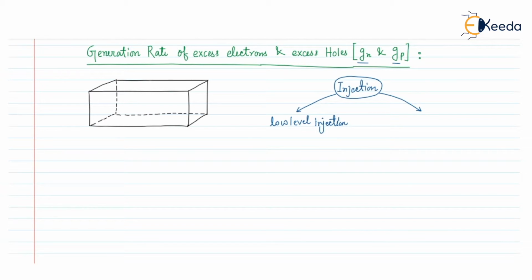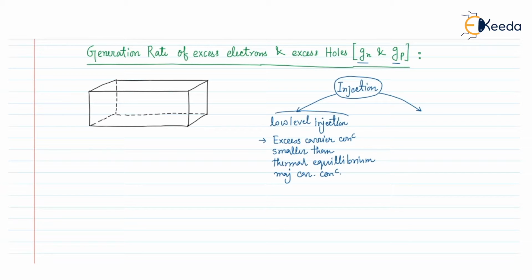So in low level injection we can say that the excess carrier concentration will be smaller than the thermal equilibrium majority carrier concentration.